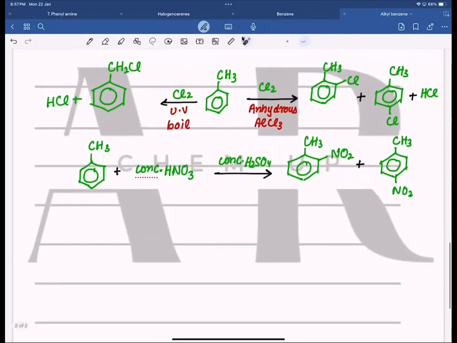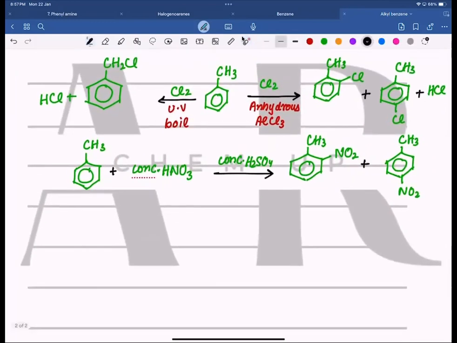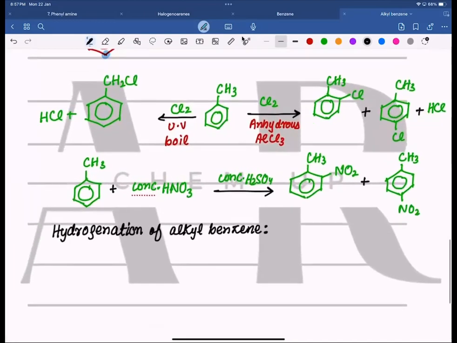Okay. Now, after this reaction, we are left with the hydrogenation and the oxidation. So these are the two which we will continue in our next class, okay? Hydrogenation of alkyl benzene and then oxidation of alkyl benzene. That's what we are going to do in our next class. If you guys have any confusion till here, please ask.